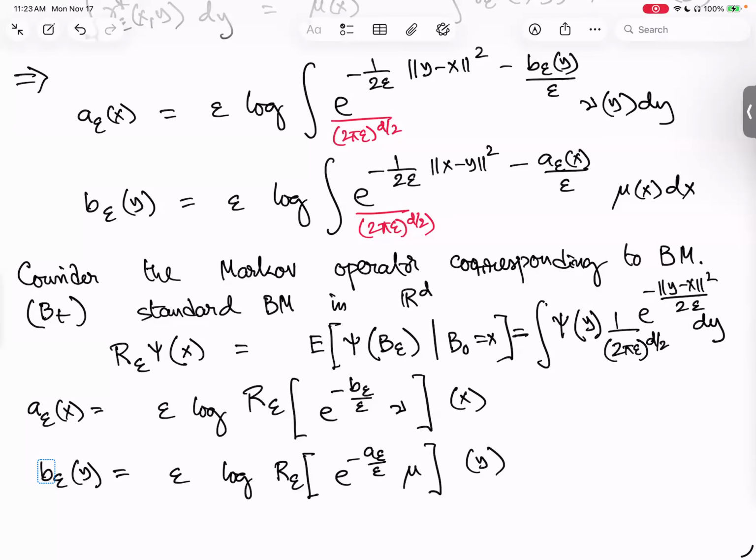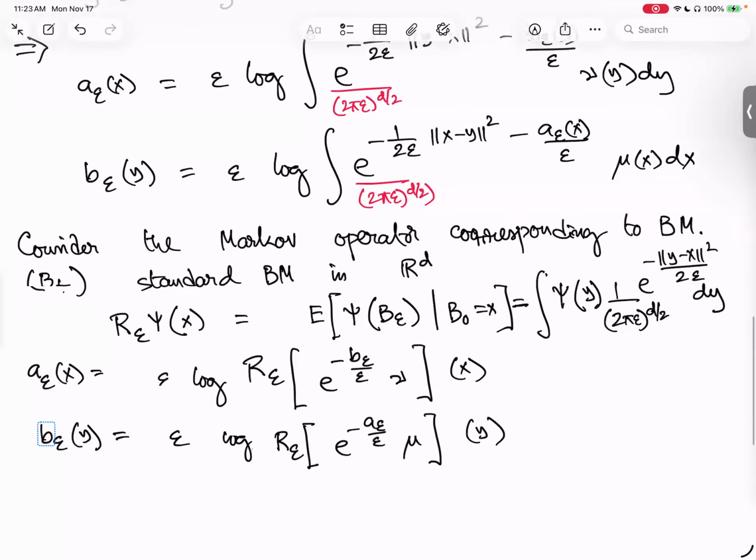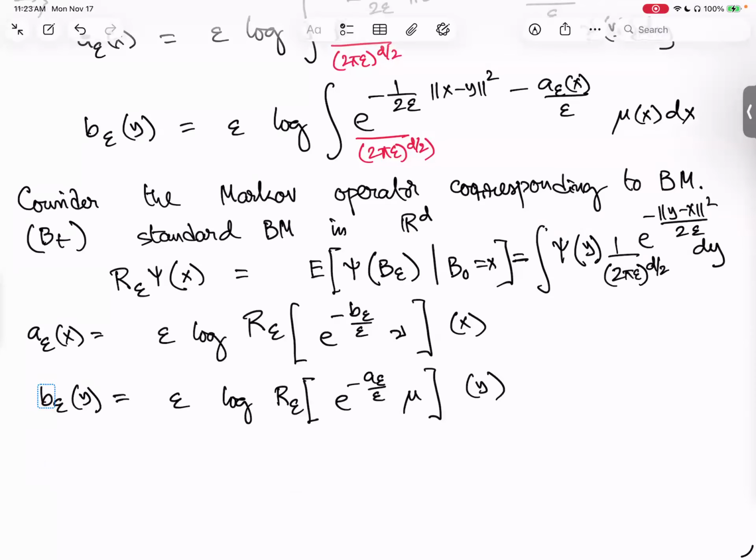One of the properties that we're going to use here is that because R epsilon is a Markov operator, if psi is non-negative, then R epsilon of psi must also be non-negative, right? Because I'm taking an expectation.